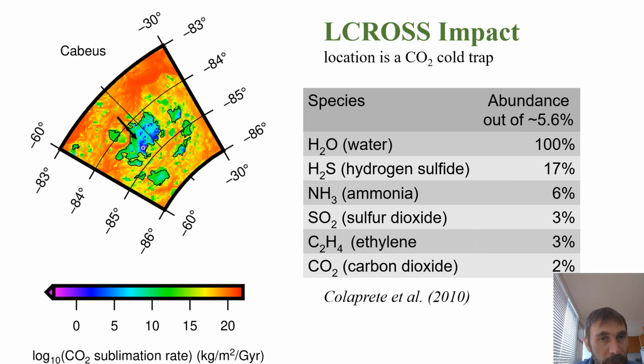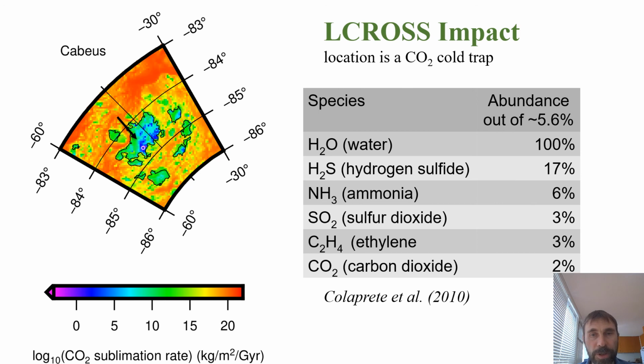Now this is a somewhat enlarged map of Cabeus, and the white circle here is the LCROSS impact, which has very low CO2 sublimation rates. But of course, I argue, if CO2 was observed by LCROSS, that sort of confirms it's consistent with the prediction of these maps. But of course, then all the other species LCROSS detected should be cold trapped too, right?